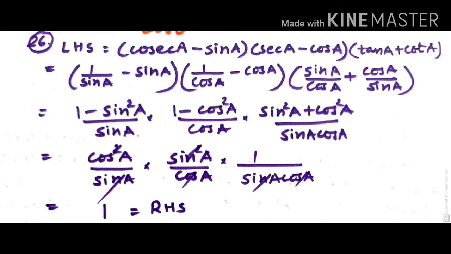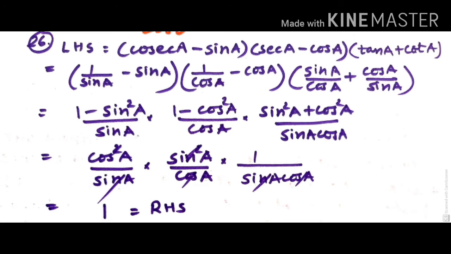Now question number 26. The left hand side is equal to three brackets: cosec A minus sin A, sec A minus cos A, tan A plus cot A. So here, first of all, we convert all the reciprocal relations into sine and cos.